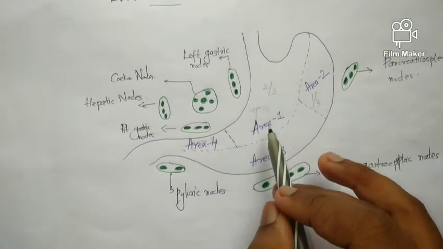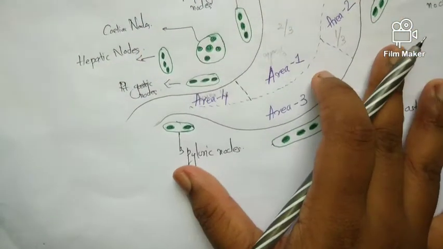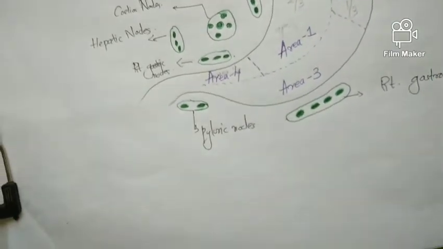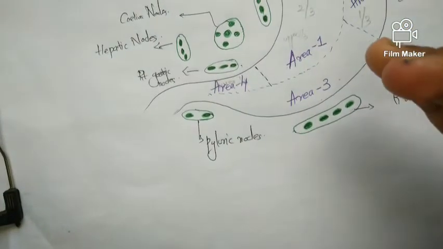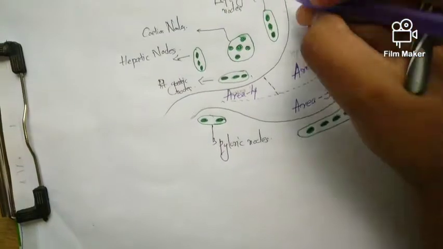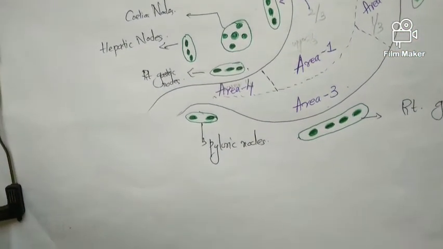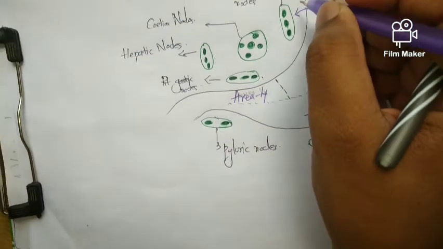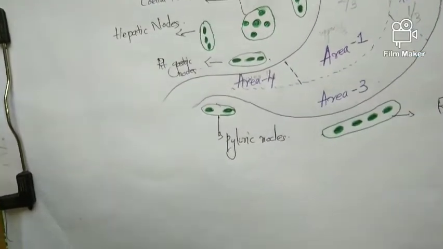The area that I marked here, area 1, is the largest area out of these 4 areas, and lies along the lesser curvature. The lymph from this area mainly drains into the left gastric nodes. The left gastric nodes are present along the left gastric artery.